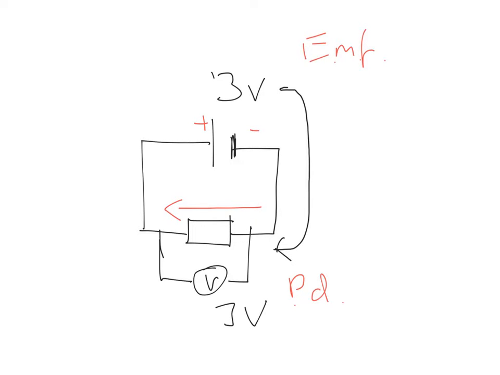And so the electrons are forced, I choose my words very carefully, forced around the circuit in that way, as we've just shown. That's all due to the electromotive force produced by the cell. So it has an electromotive force of 3 volts, because that's how much energy we're giving it as a result of the positive and negative charges on either side of the cell.